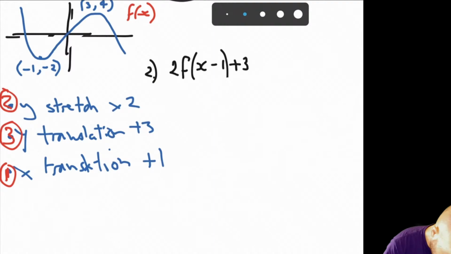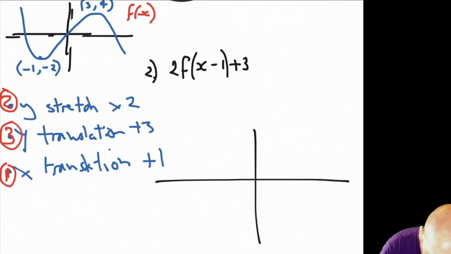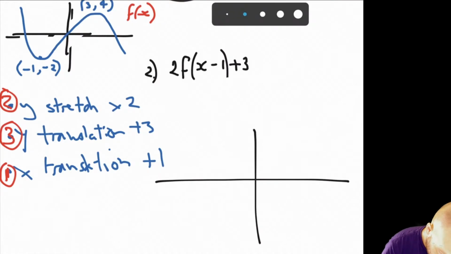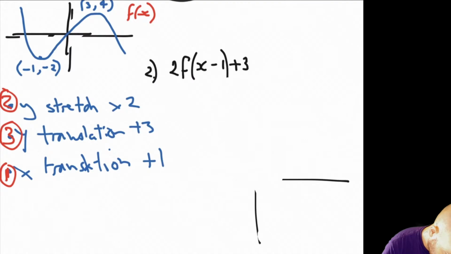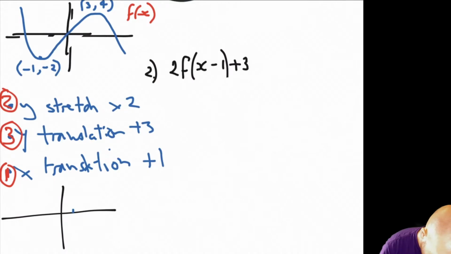So if you think about these points, if we're translating it by 1, drawn that quite big actually, it's a bit smaller. So we translate it by 1 in the x, it's all going to move across. So we're going to get 4, 4, and -1, that's going to go to 0 then.